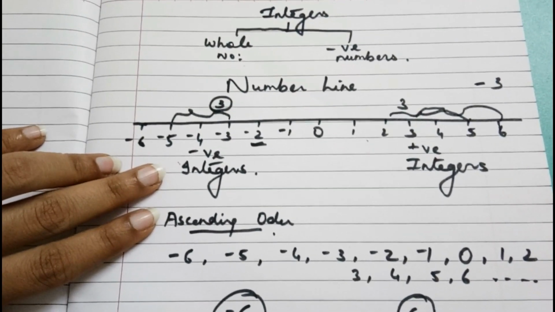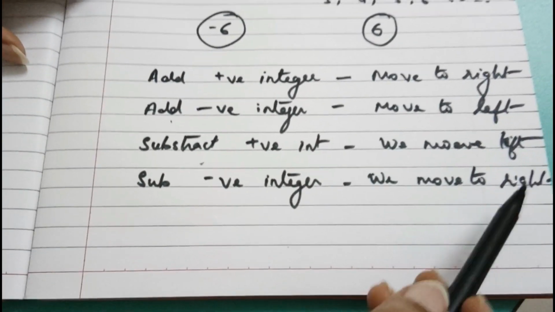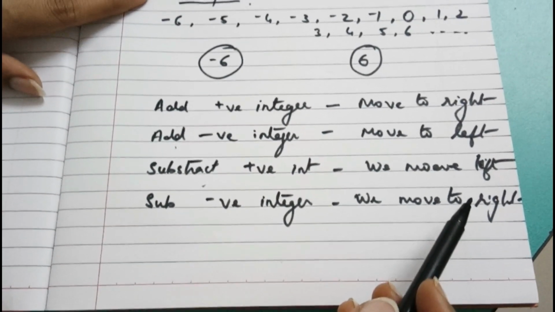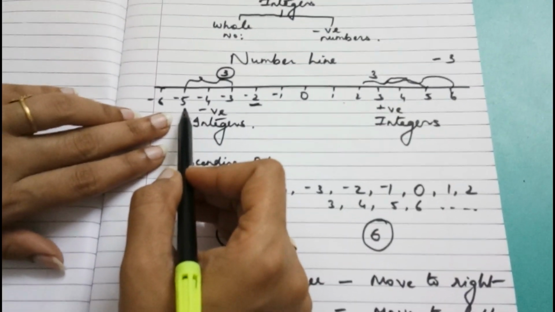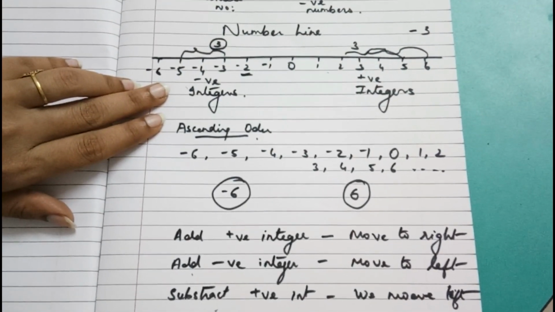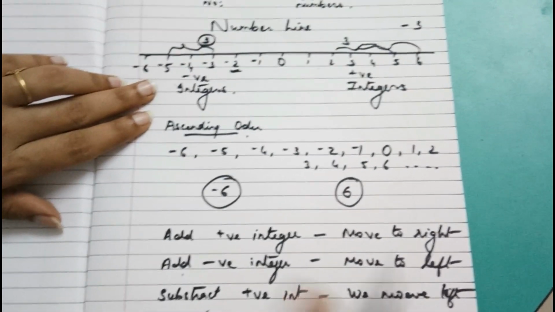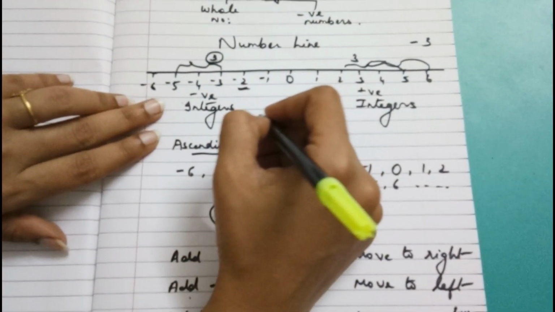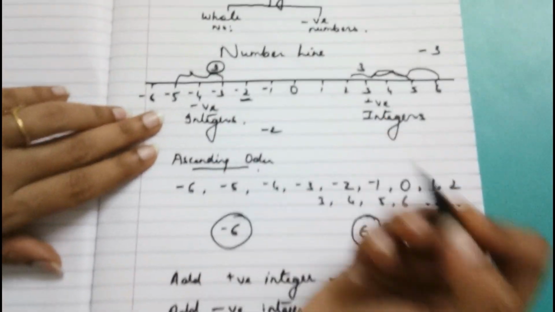In the same way, when we subtract a negative integer, we move towards right. Say suppose today the temperature was minus 5 degrees and then it got subtracted with a negative integer. Say suppose it got reduced by minus 2 degrees.